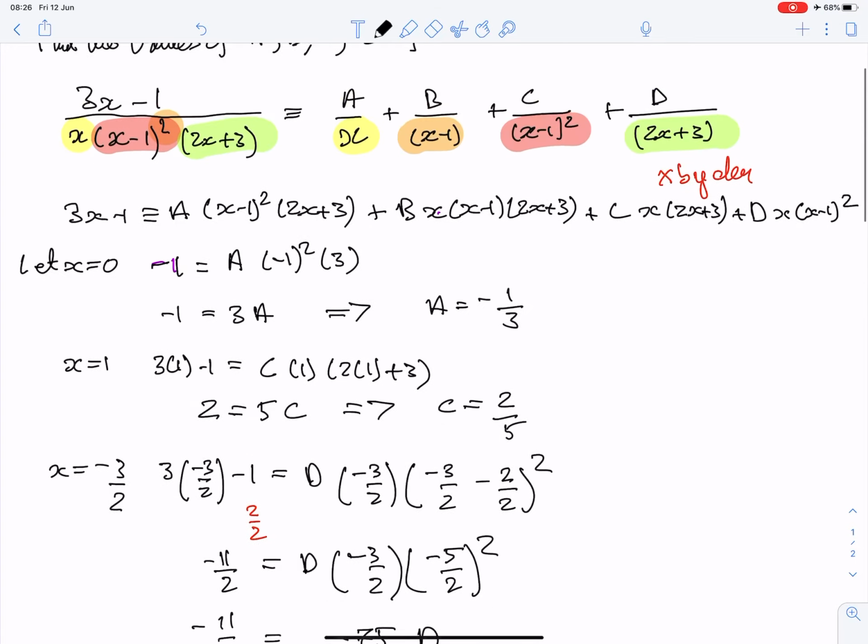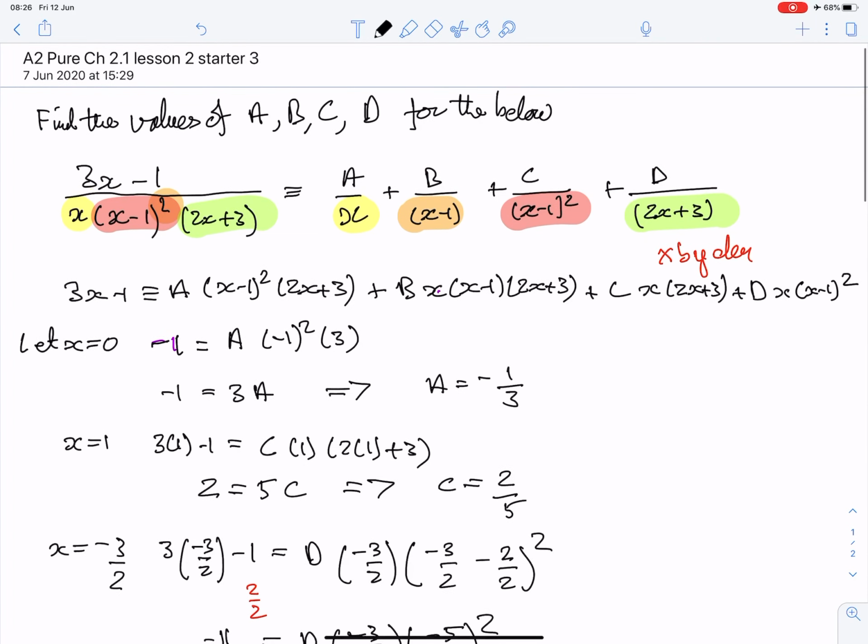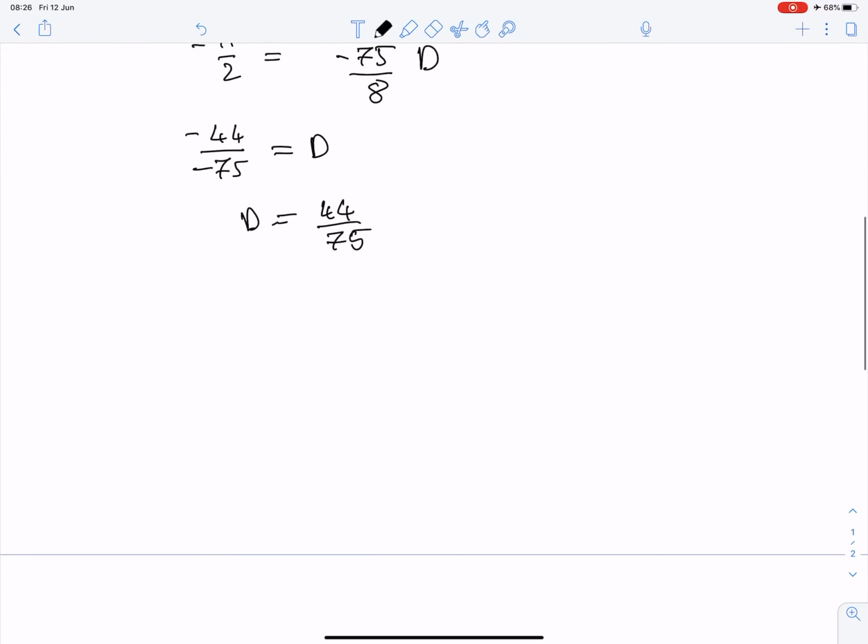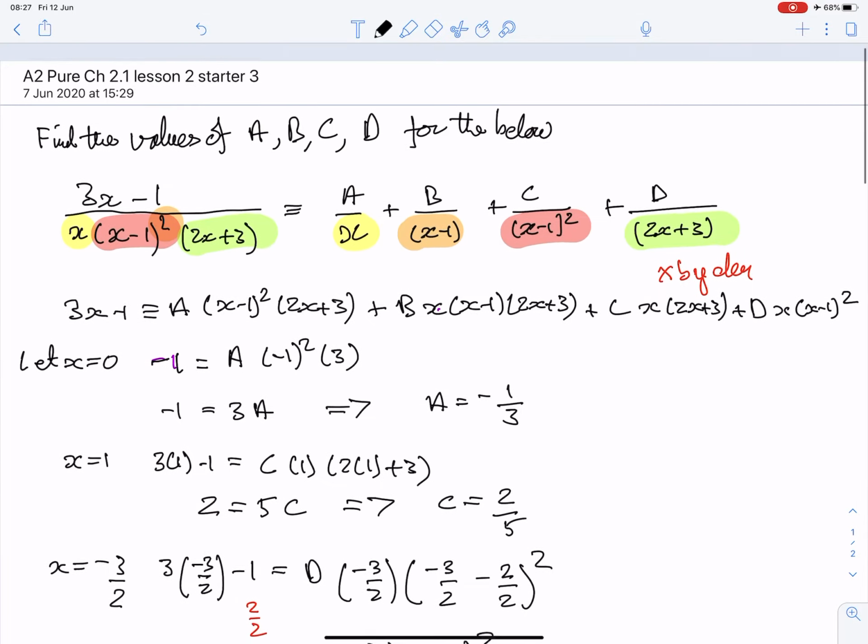So we've now got A, C and D. The only thing left to do is find B, and there's a number of ways of doing that. But the other approach we have is coefficients. I've always said look at the extremes first, so I'm going to look at x cubed terms first.